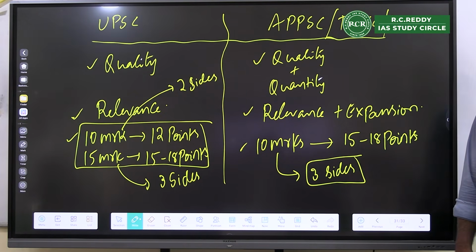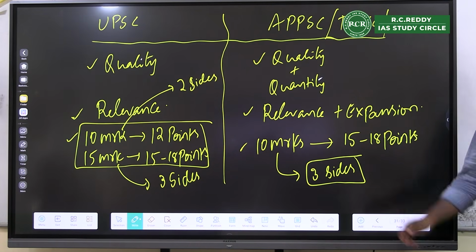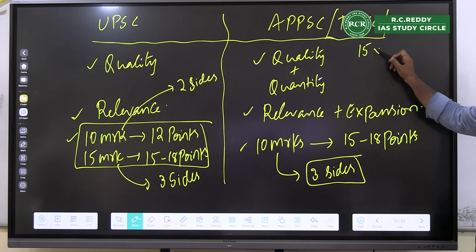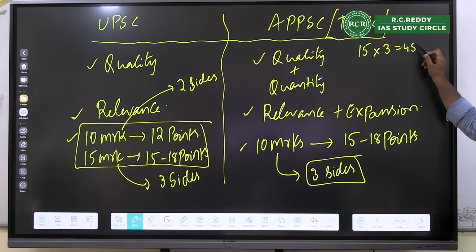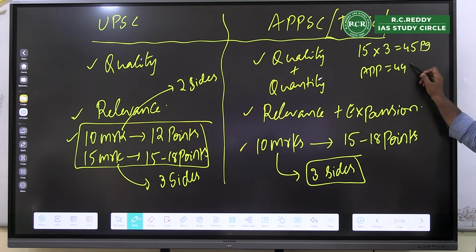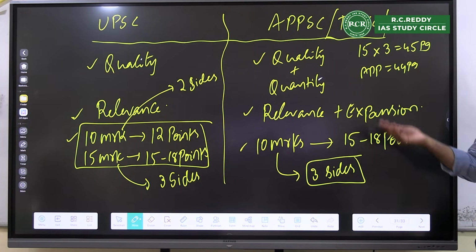Now somebody who is very critical about my strategy will say, there are 15 questions, you are asking to write 3 pages each, that is 45 pages. The APPSC booklet has 44, where will I write the extra page?